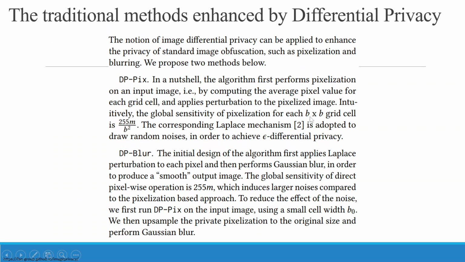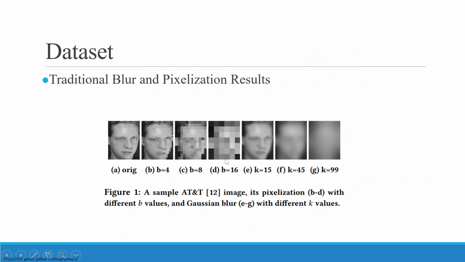It is the different size of the grid cell. You can see B is a small unit of the grid cell, like this, and this one has bigger grid cells like this, and this has even bigger grid cells, so it becomes this.